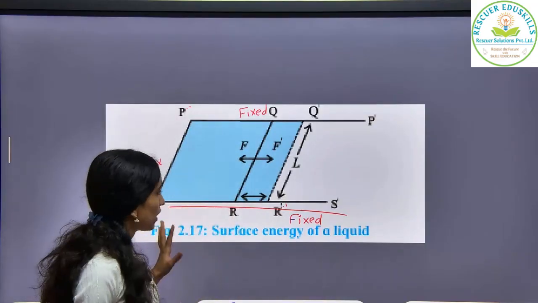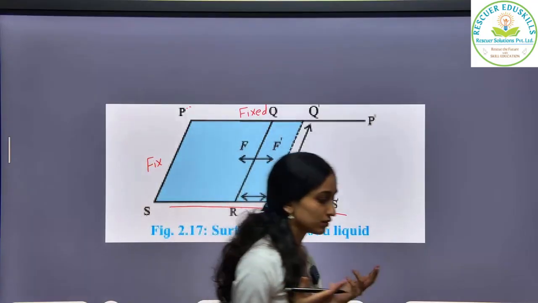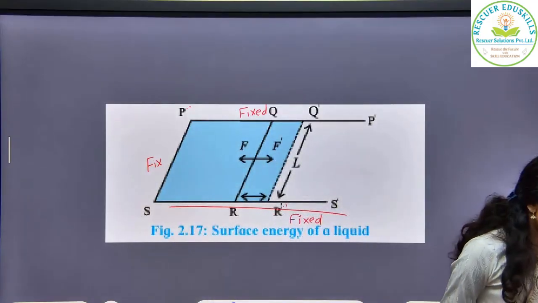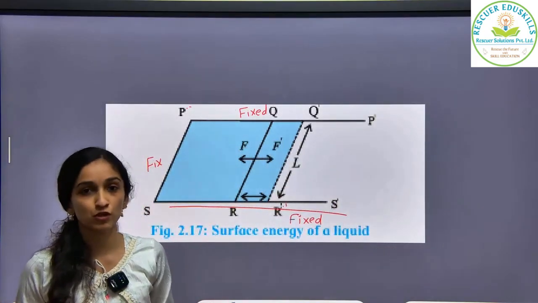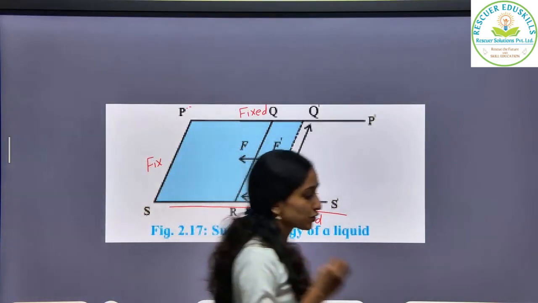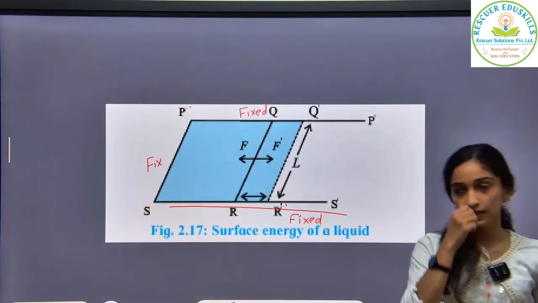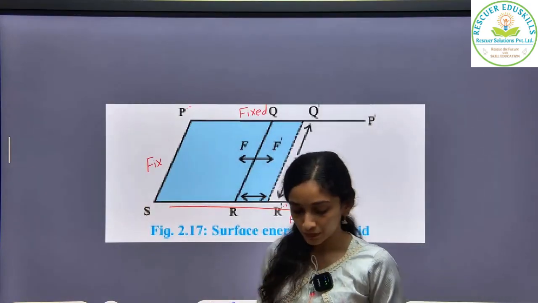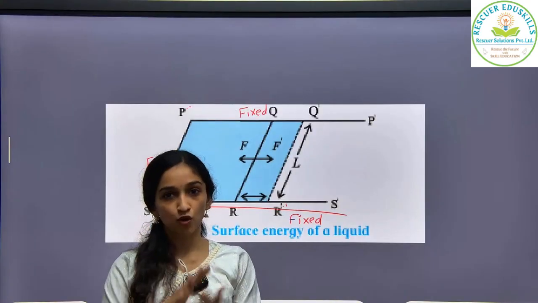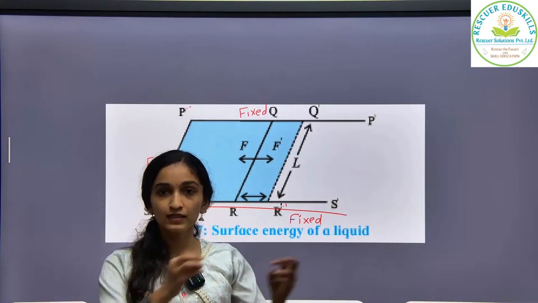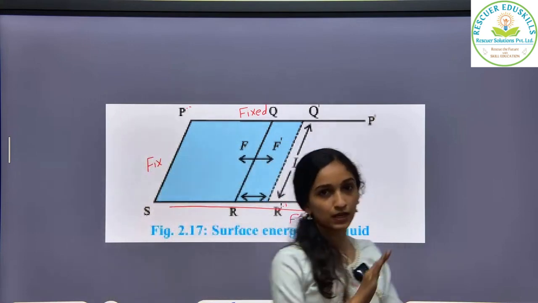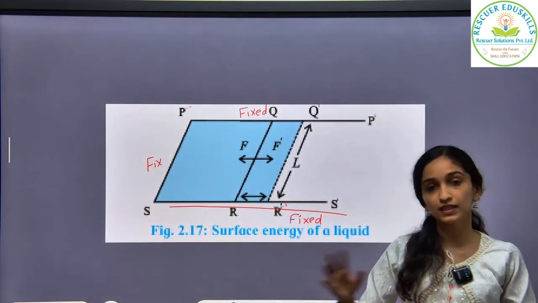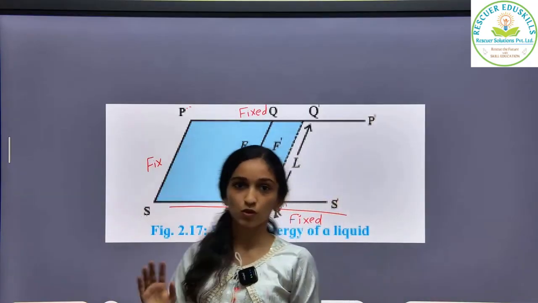Now, you might have seen while washing utensils, most of the time we just apply a layer of soap on the utensils and keep them on the side. Then we collectively wash all of the utensils.